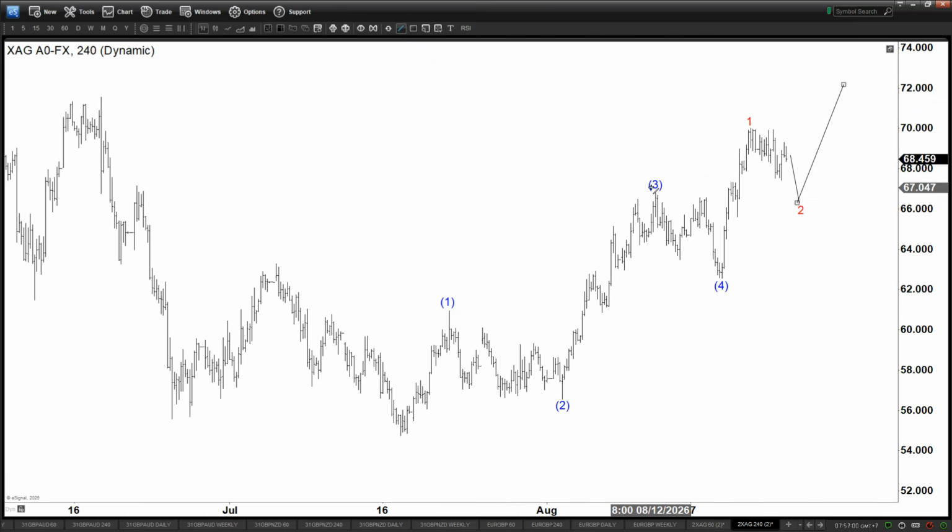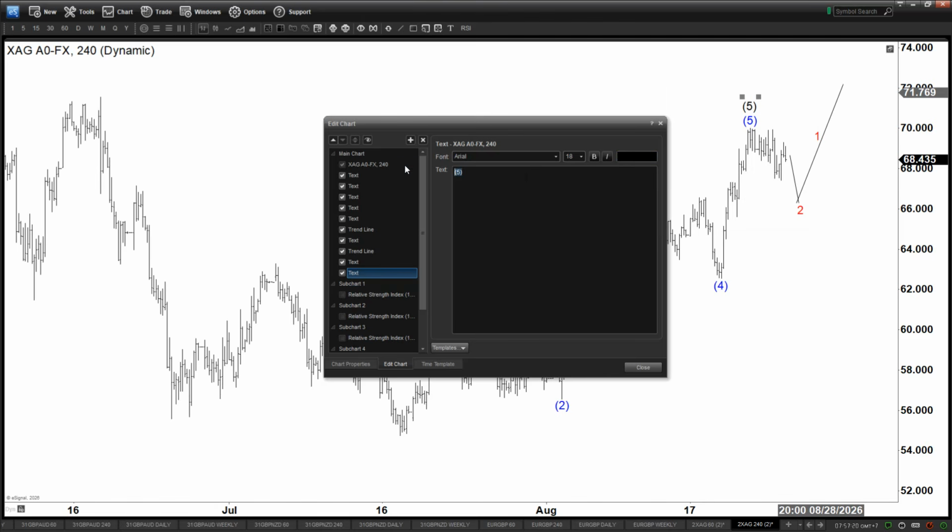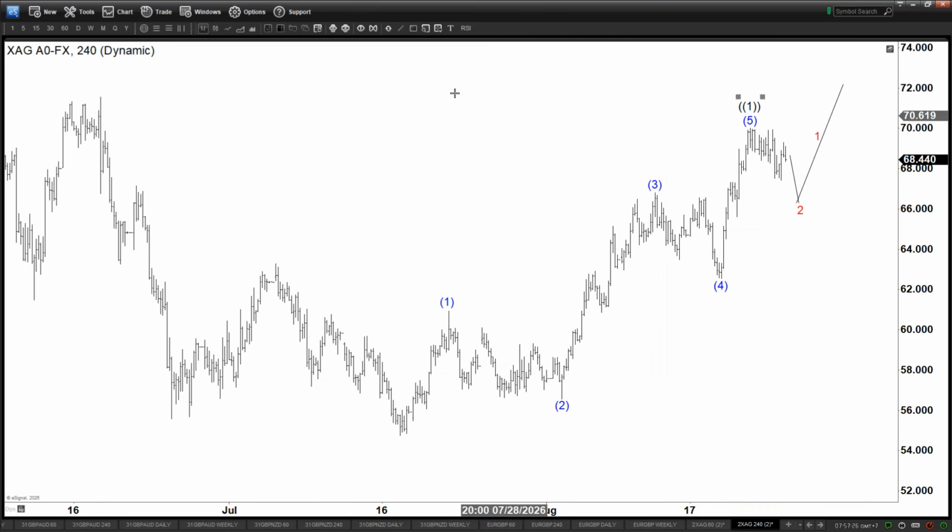Now the other two alternates that are possible: the first is that we already finished wave 5. Instead of 1 of 5, this is already finishing wave 5. So that means if we finish wave 5, this should be finishing wave 1 of a larger degree, which is the primary degree. And if that's the case, then we are in the process of doing a bigger degree correction against the entire rally from July.